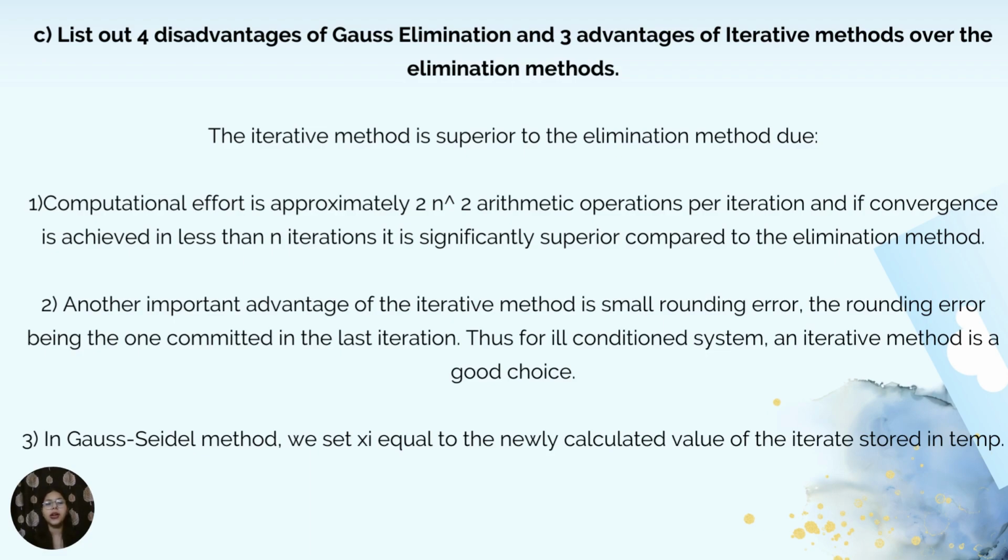Second, another important advantage of the iterative method is the small rounding error, the rounding error being the one committed in the last iteration. Thus, for an ill-conditioned system, an iterative method is a good choice.